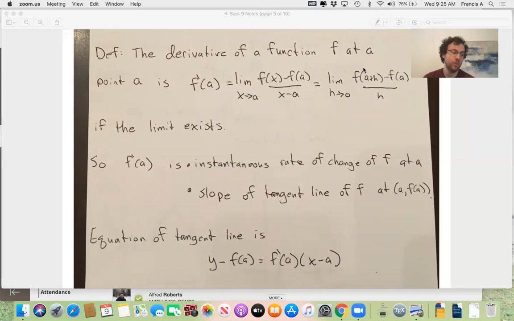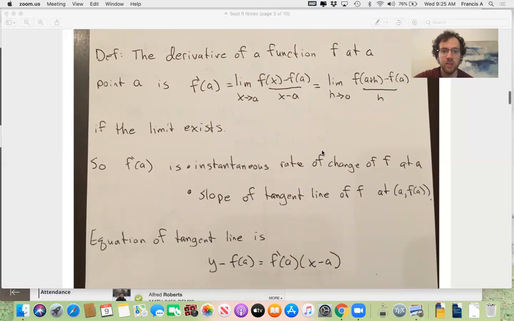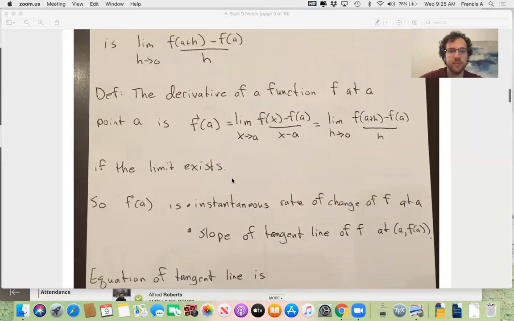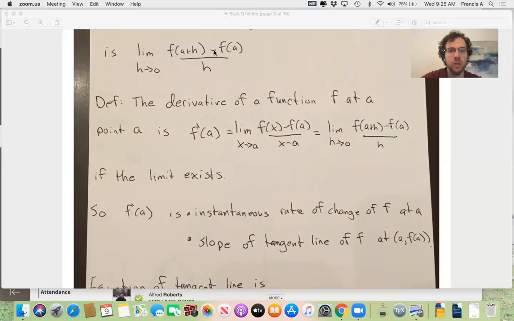Another way of thinking about the derivative is that when we're right here, we're talking about the derivative of a function f at a point A, which is this particular limit. But another way to think about this is, what if you fix your function f?